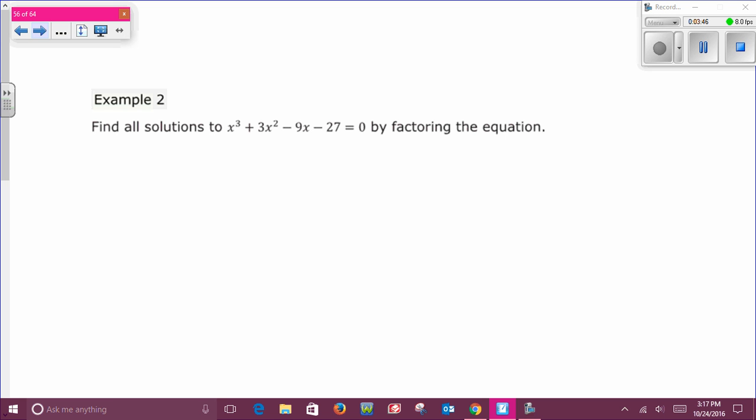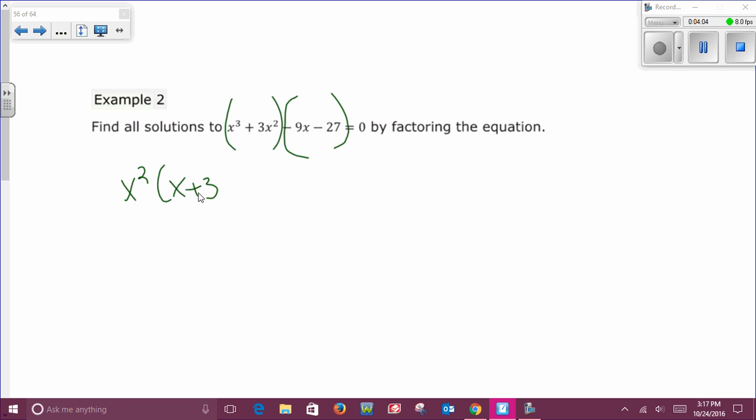So for the next one, it looks like the second step there in the factor by grouping, where I already have 4 terms. So since I have 4 terms, I'm going to do my factor by grouping. And these two have an x squared in common, so I have x plus 3. Here we have a negative 9 in common, so I have x plus 3.